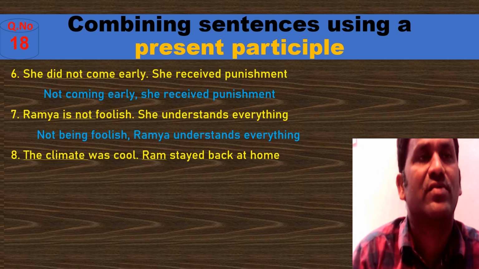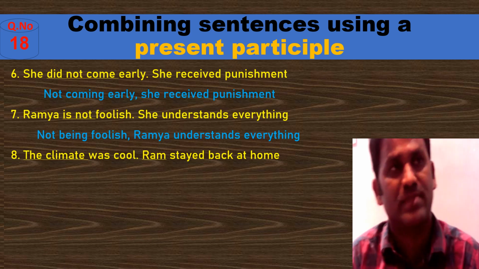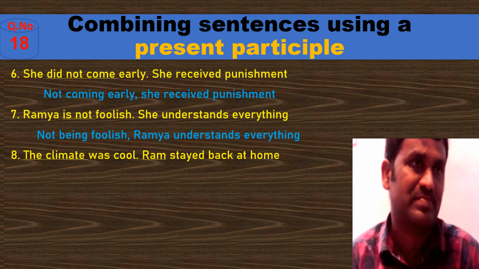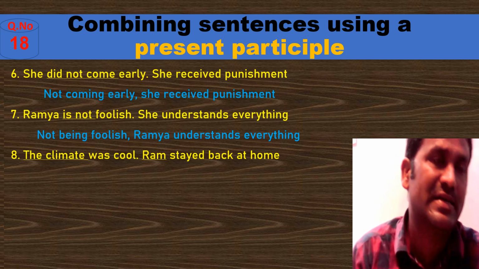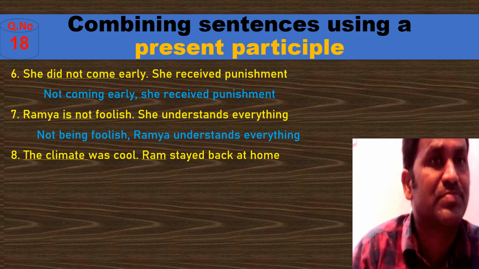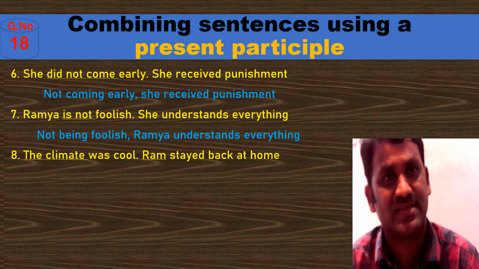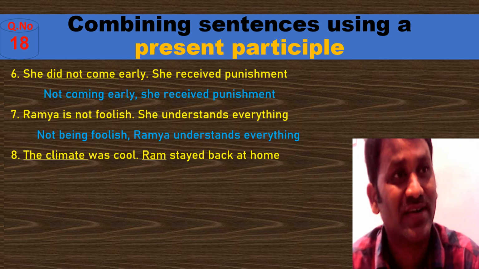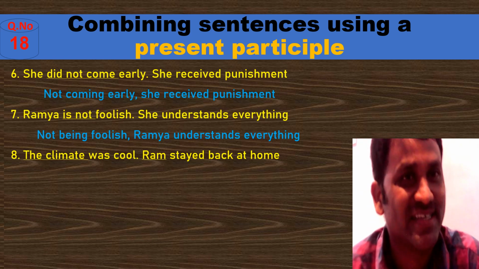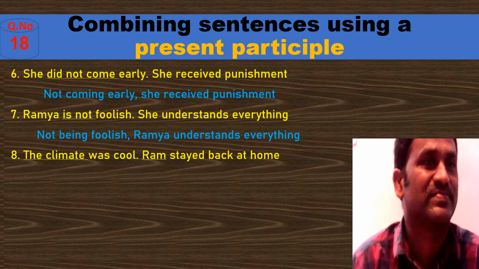Here we have a little difference between the earlier ones and this one. ముందు వాటికి దీనికి చిన్న డిఫరెన్స్ ఉంది. ఏంటంటే ప్లీజ్ అబ్జర్వ్ ద సబ్జెక్ట్స్ ఇన్ బోత్ ద సెంటెన్సెస్. ఇన్ ద ఫస్ట్ సెంటెన్స్ వీ హ్యావ్ ద క్లైమేట్, బట్ ఇన్ ద సెకండ్ సెంటెన్స్ వీ హ్యావ్ రామ్.